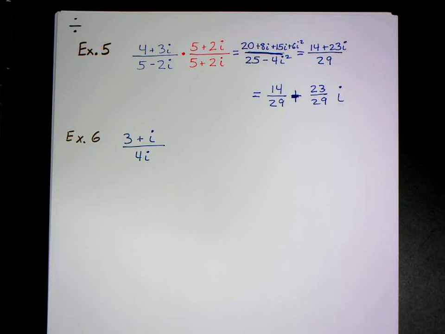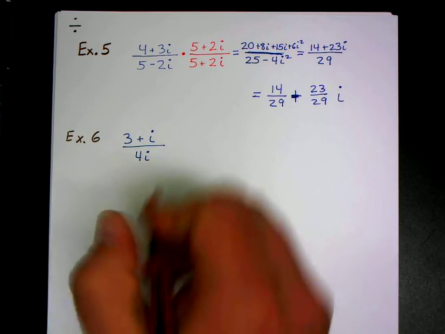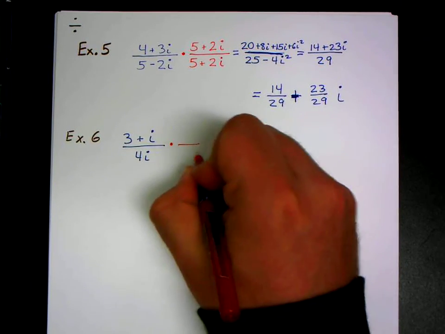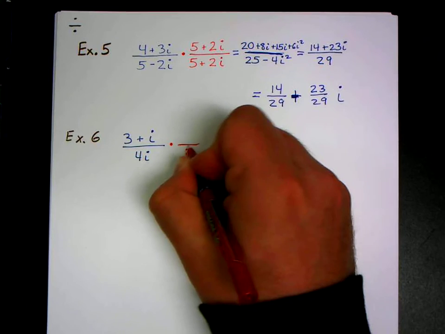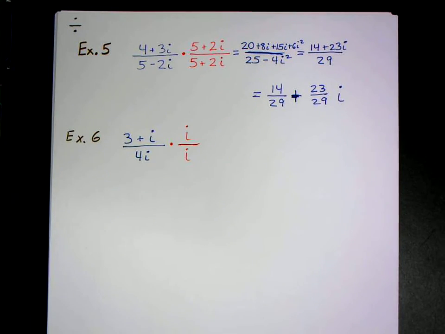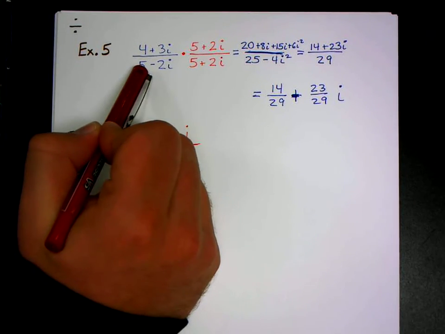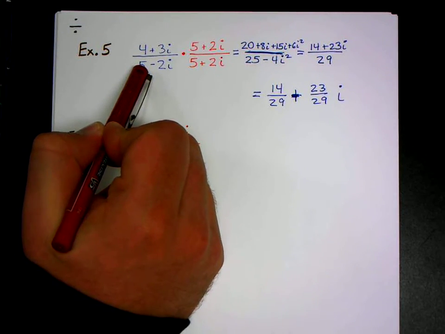Okay, how about that one? Whenever you're rationalizing the denominator, you don't have a plus or minus sign on the bottom. All you have to do is multiply by the square root. The reason I couldn't do this on the top one is because if I just multiplied by i, it would create a 5i here, so that wouldn't do me any good, right?